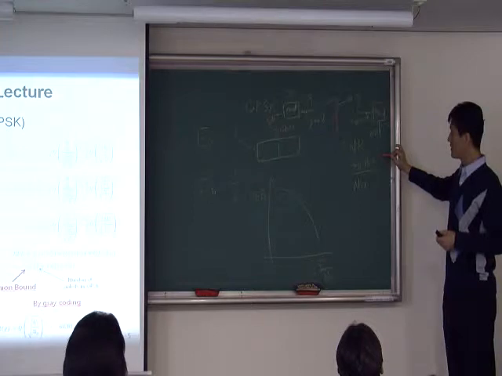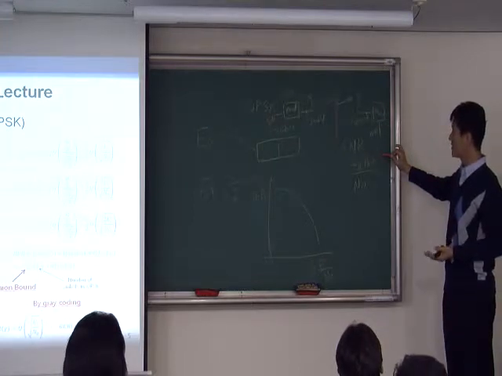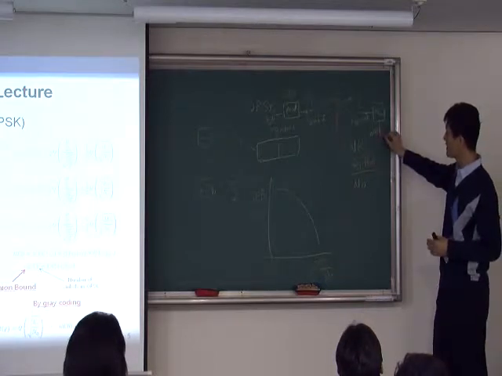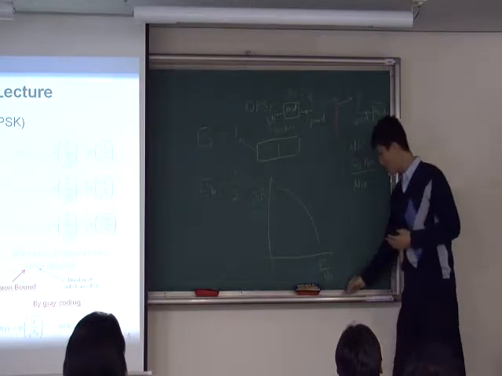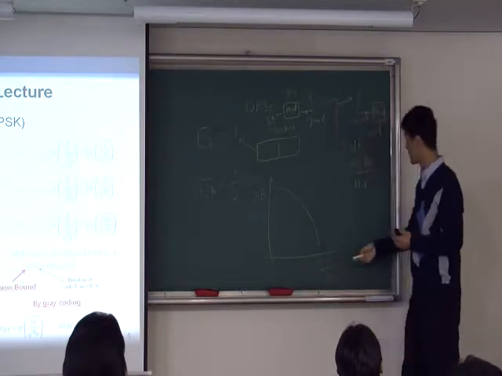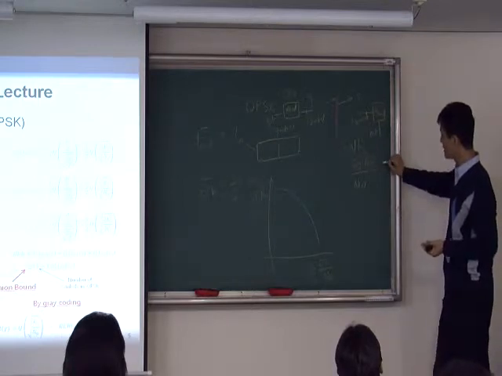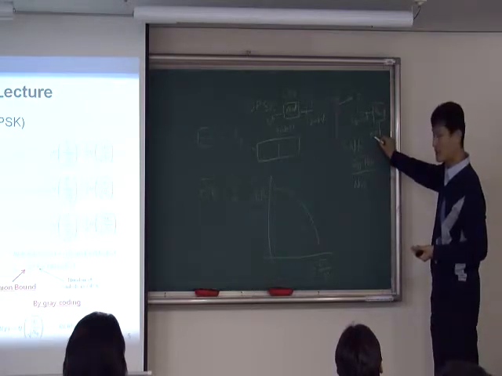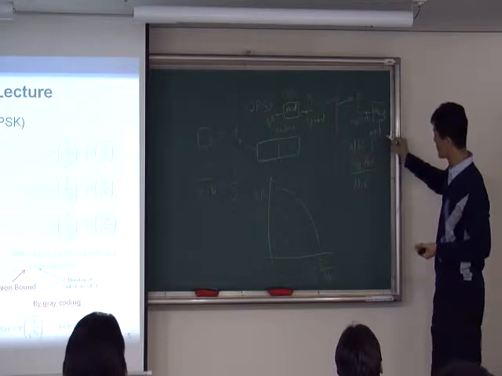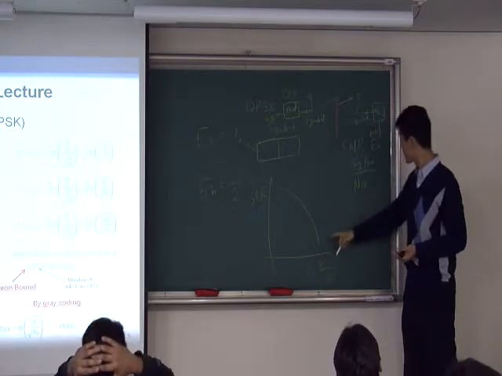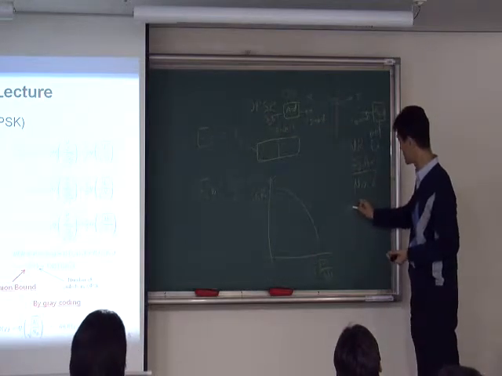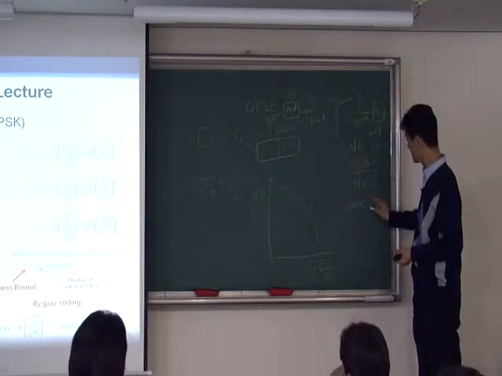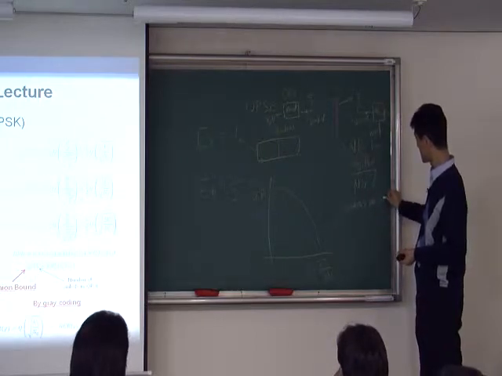But some people, in some other cases, use it interchangeably and try to define this one as this power. But the correct way to define it is the energy right here in the bit, that's going to be Eb. The energy per bit, this is energy per bit. That's Eb.